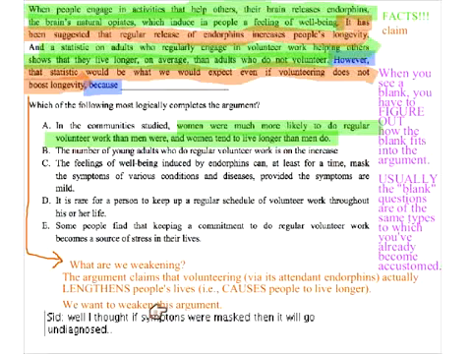What you're trying to show is that you're trying to directly address the issue of volunteerism, not so much the issue of endorphins. And so what this is doing is arguing about a minor point regarding endorphins, but it's not addressing the main point of the argument, which is whether volunteerism causes people to live longer or not.